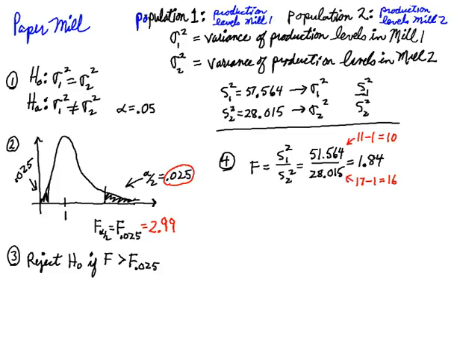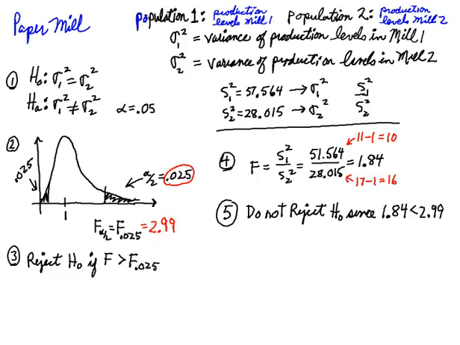Now we want to go ahead and with step 5, now that we have the test statistic and critical value, draw some sort of conclusion. And I'm going to conclude to not reject H sub 0, since 1.84 is less than 2.99.